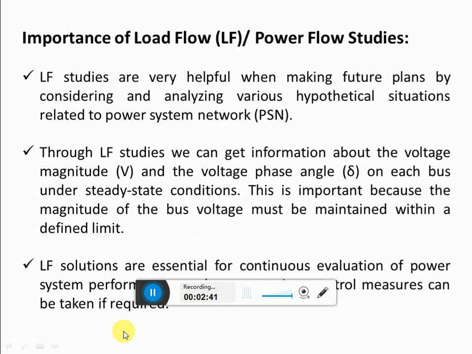Now load flow studies are very important or helpful when making future plans, by considering and analyzing various hypothetical situations related to the power system network.